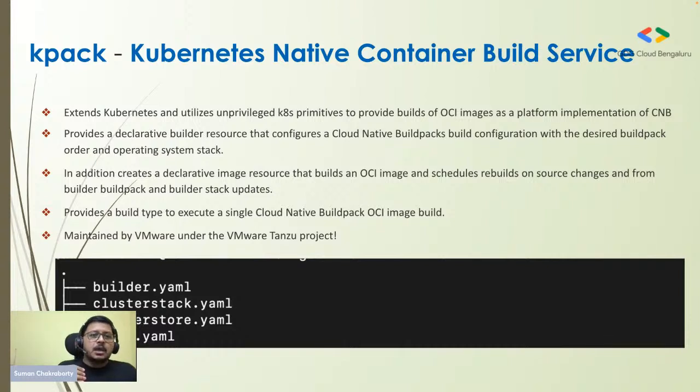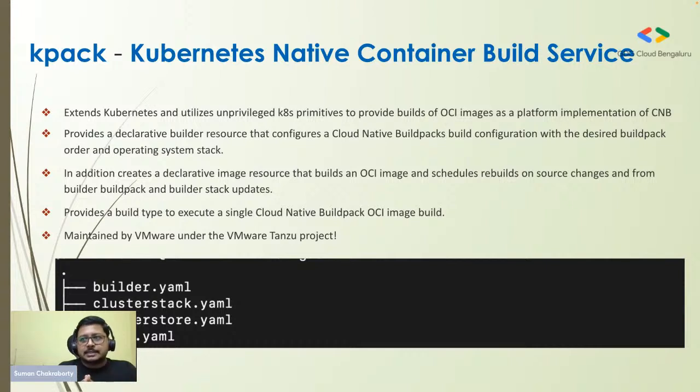You can provide the direct link of the GitHub repository from where the source code would be fetched, the corresponding metadata would be taken, and then the Buildpack lifecycle would be executed. All this workflow is defined using a bunch of custom resources, which we will see.